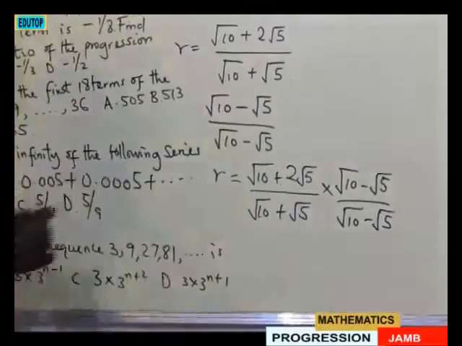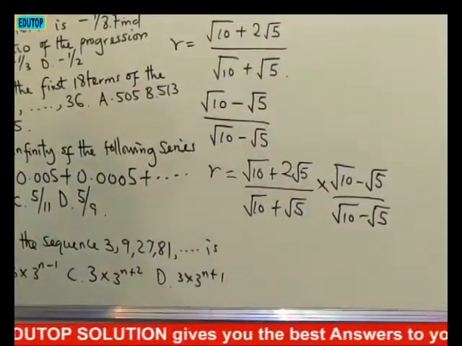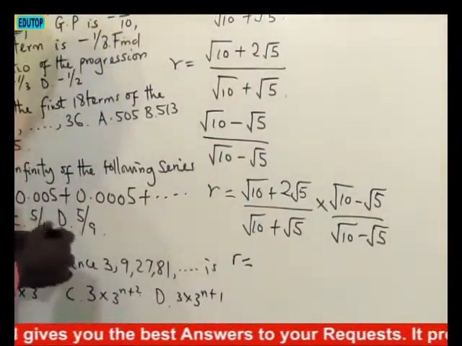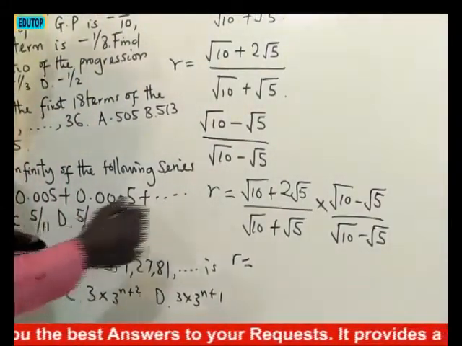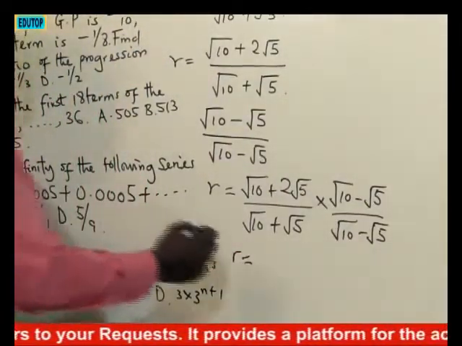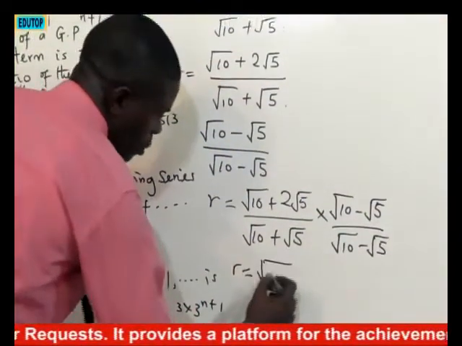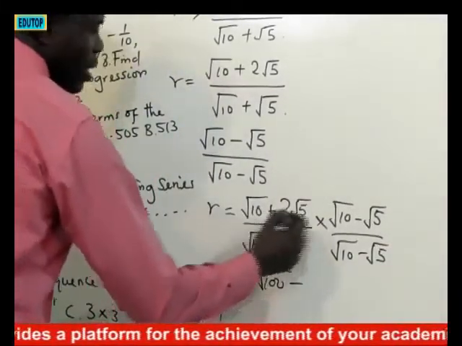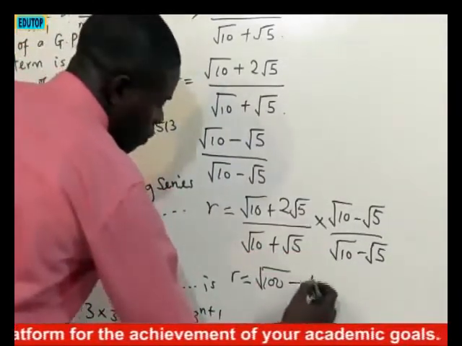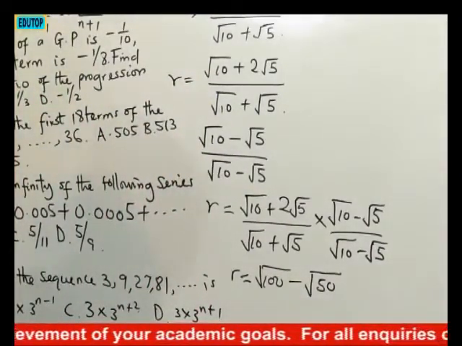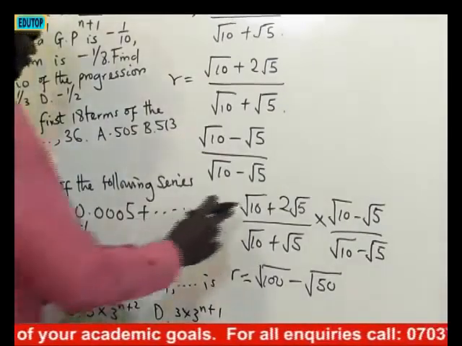We have succeeded in rationalizing this. So let's solve it step by step so that we don't end up making mistakes. Root 10 times root 10, that is root 100, minus root 10 times root 5, that's root 50. Take note of that.